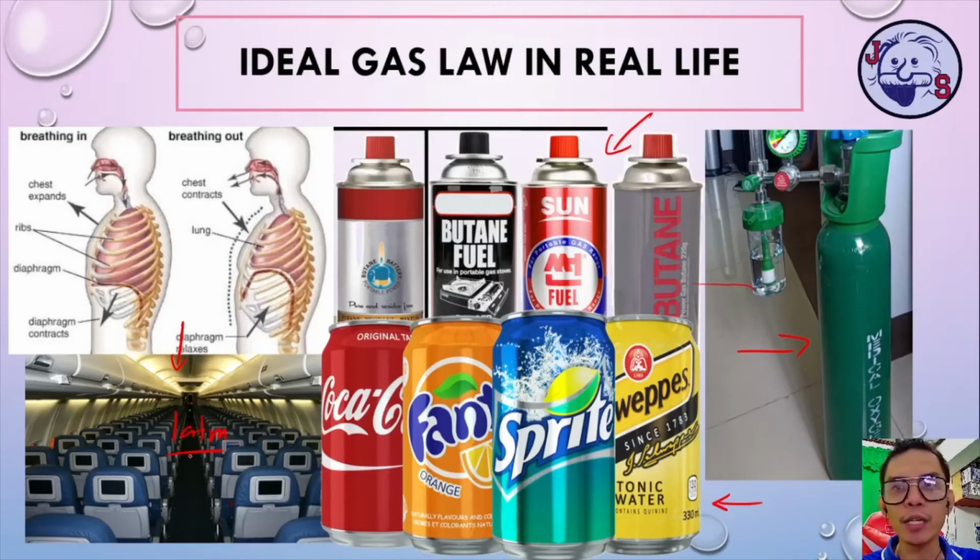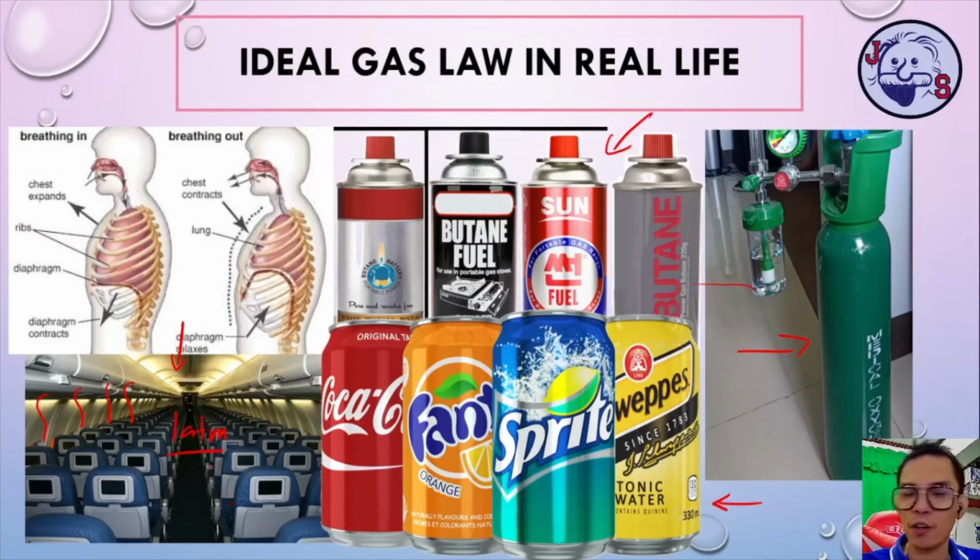Now, if the pressure inside the cabin suddenly drops, what will happen? It will deploy some oxygen masks inside the airplane, and it will help the people inside to breathe easier.